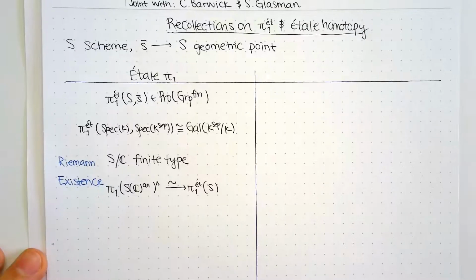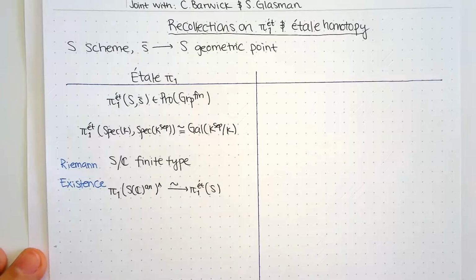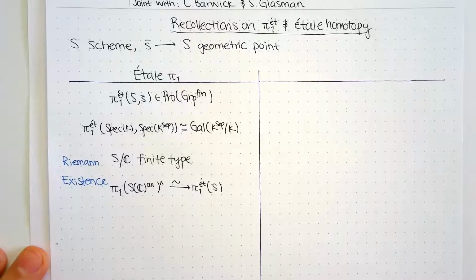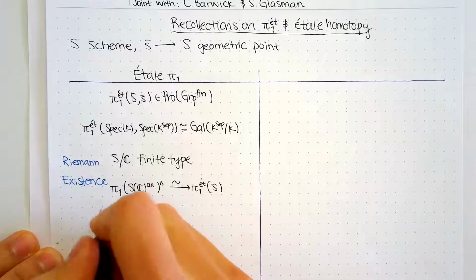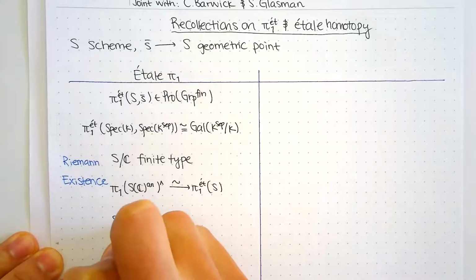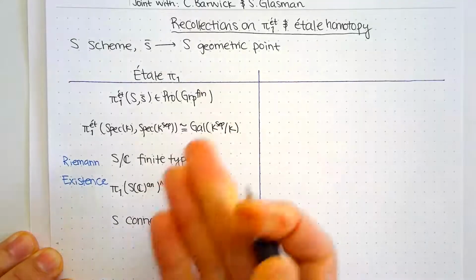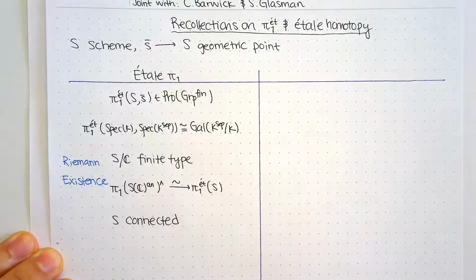And then maybe the most important part of this is that, like in topology, this group actually classifies locally constant sheaves as long as you have some finiteness conditions. So let me just say it this way. If S is connected, because I'm choosing a point, so if I want this to classify everything, it should be connected.